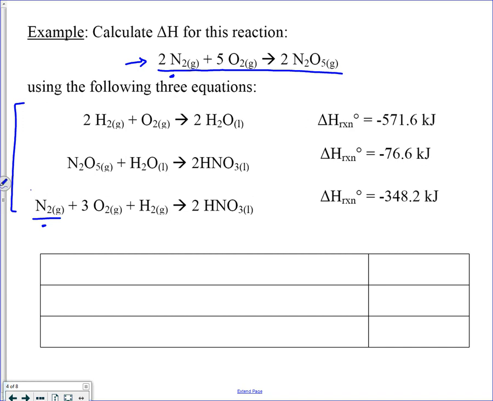So I write myself a little note and I say, okay, I need to multiply this equation by 2 because I need double the amount of moles. But when I multiply the equation by 2, I also multiply the heat of the reaction by 2 because it's like I'm going through that equation twice. So I'm going to get double the amount of heat.